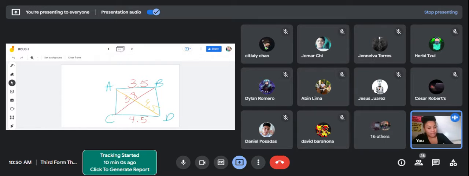And then this one over here, BD, is 5.6. That is what the question is giving me, and that is what I have to construct.